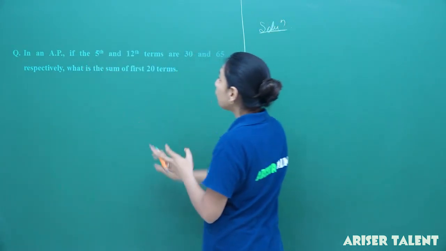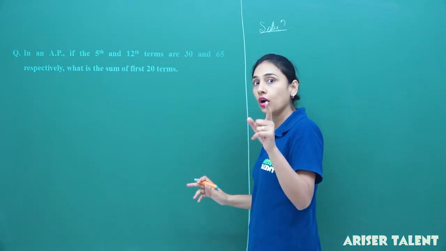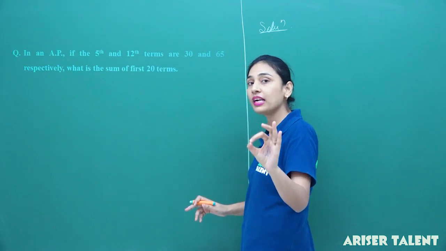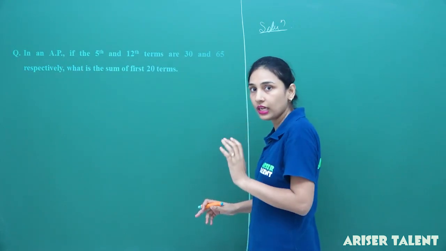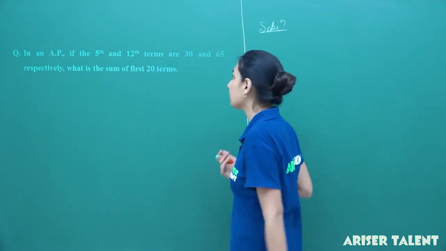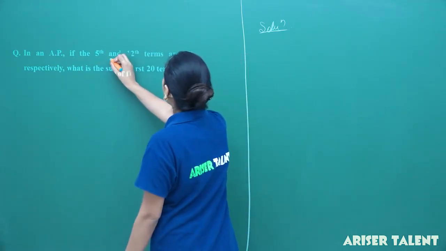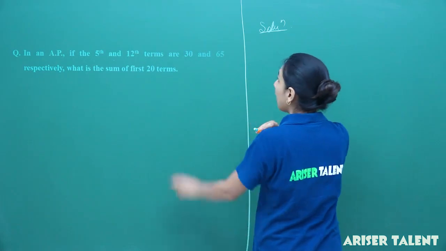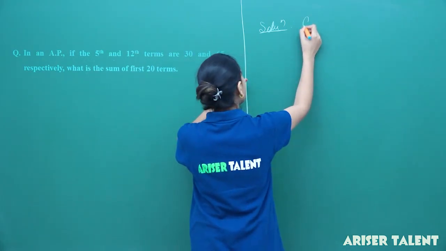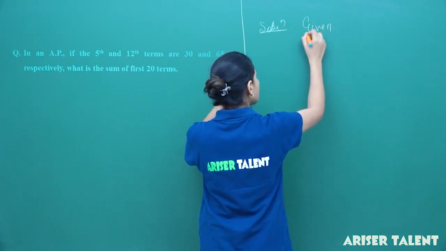Understand, if the 5th and 12th terms, now 5th term is given and 12th term is given. You haven't been provided with A or D, okay. So, you just have to find them first and we'll do the proceedings later. Right now, 5th and 12th terms are 30 and 65. So, I can write that given is what?